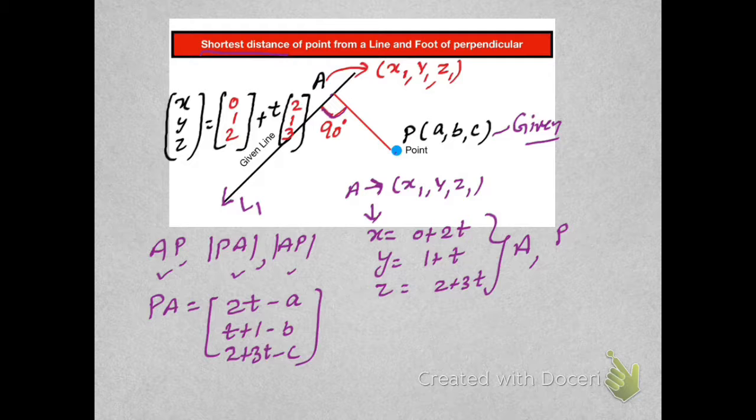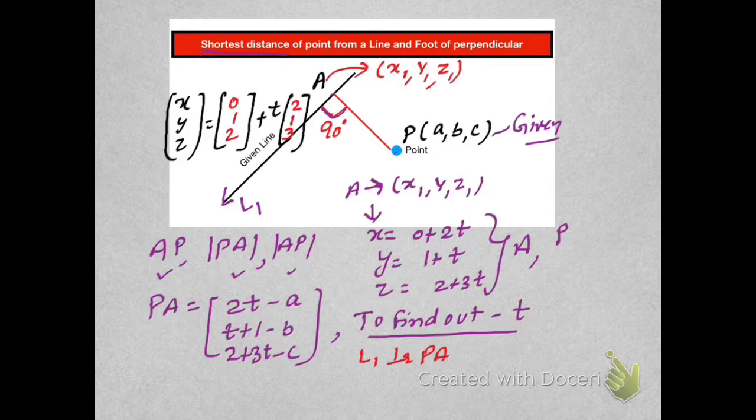Then you are stuck with t only. If you know t, you can find the magnitude. Now to find t, we have to use the concept of vectors here, because line L1 is perpendicular to vector PA.